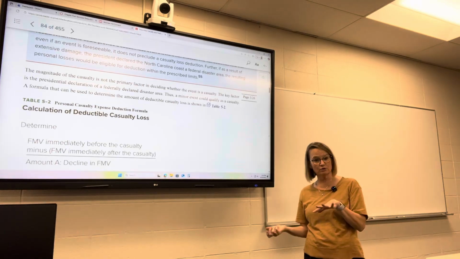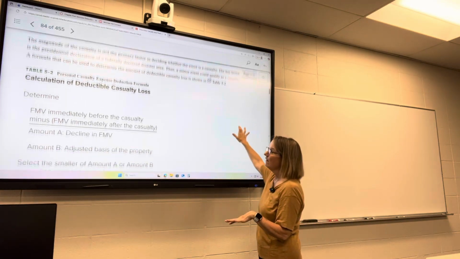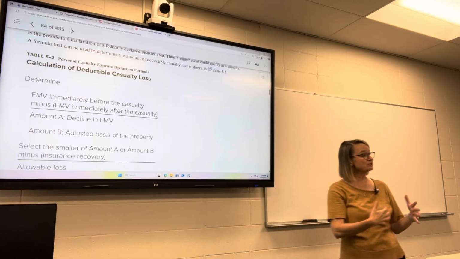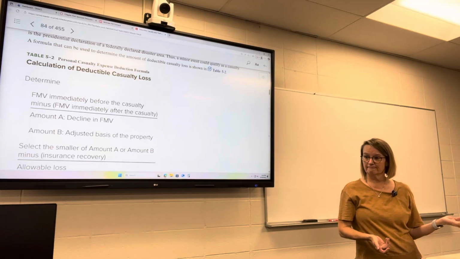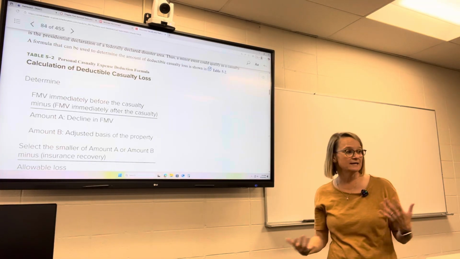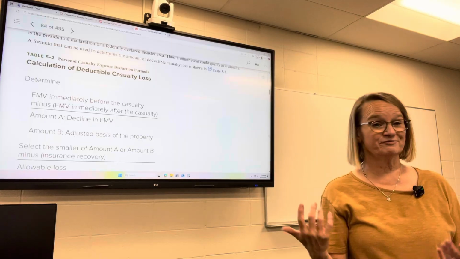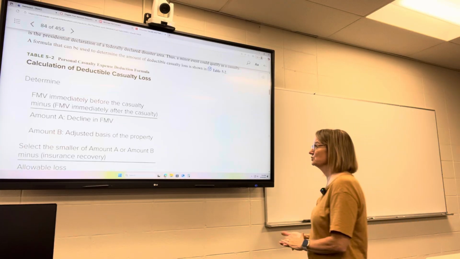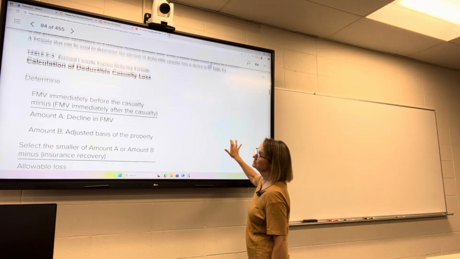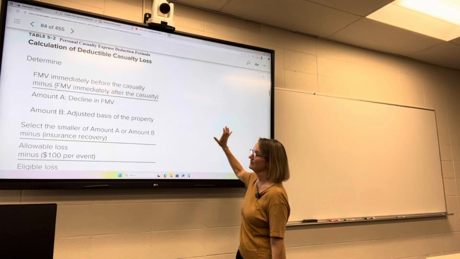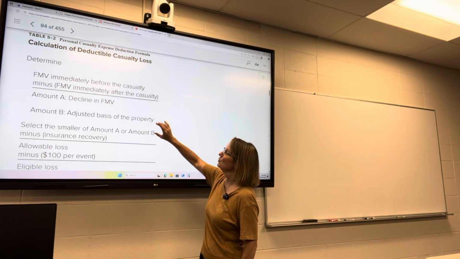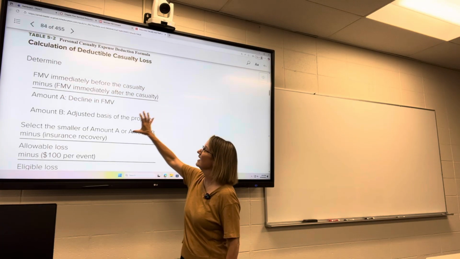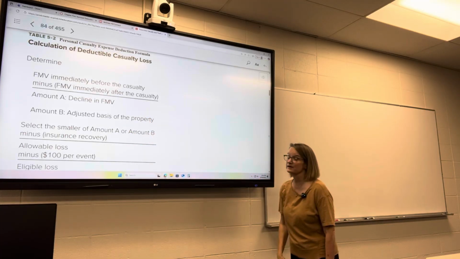The next hurdles to get over are you've got to calculate, well, how much is the amount of the casualty, and whether or not it actually amounts to much of anything as far as a deduction goes. So in order to determine it, this is the calculation. You take the fair market value immediately before the casualty.